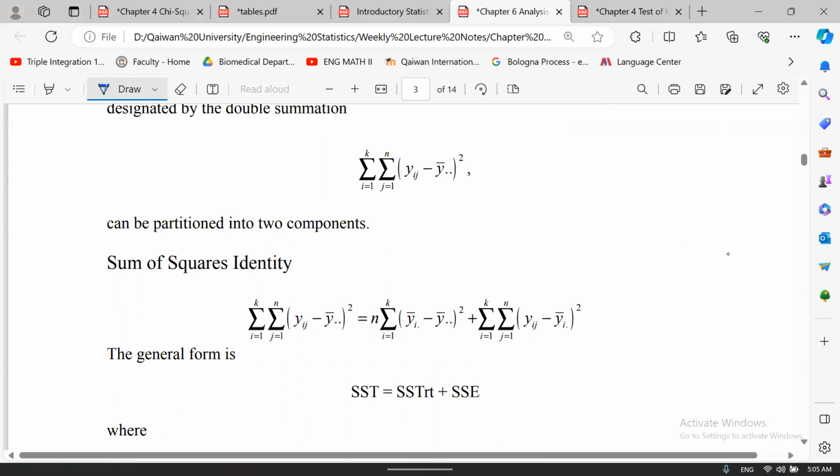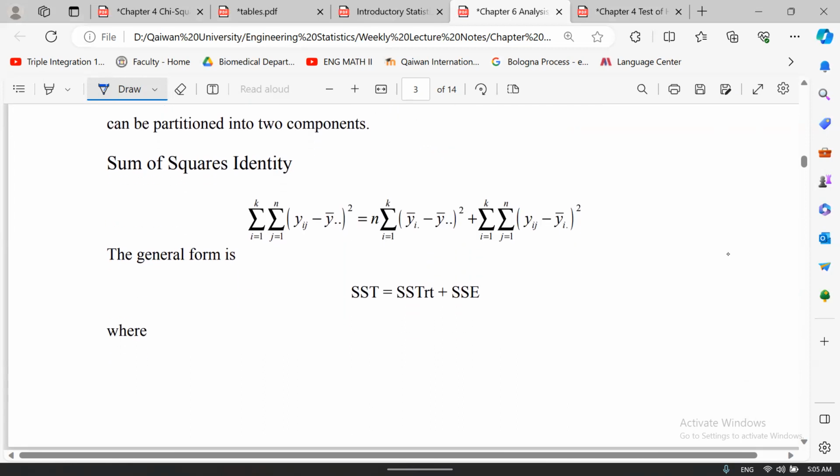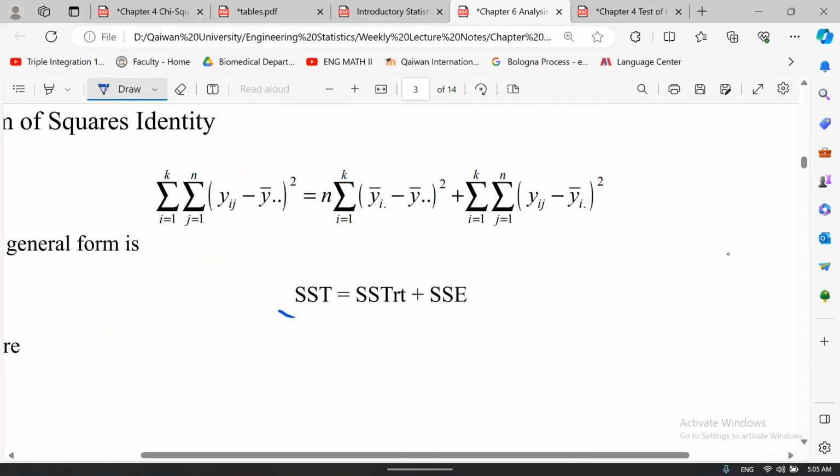In this type of questions, we just need to find two of these three things: SST, SSTRT, and SSE. If we just find two of them, it's enough.